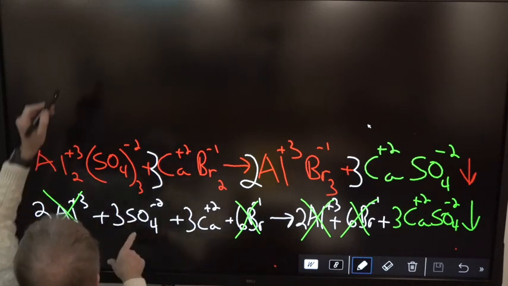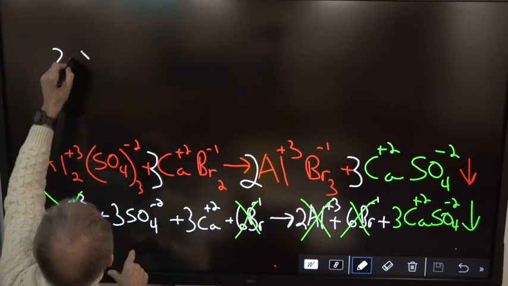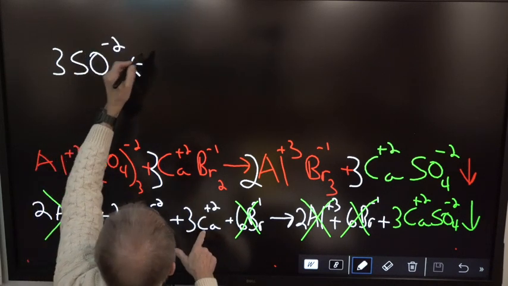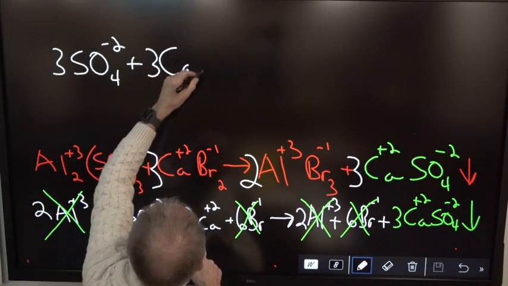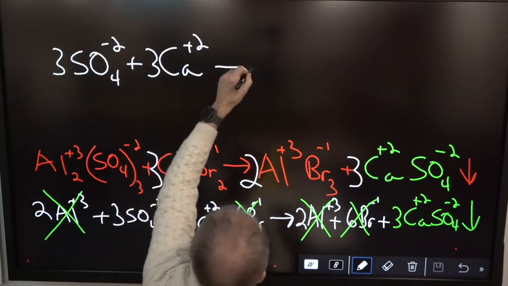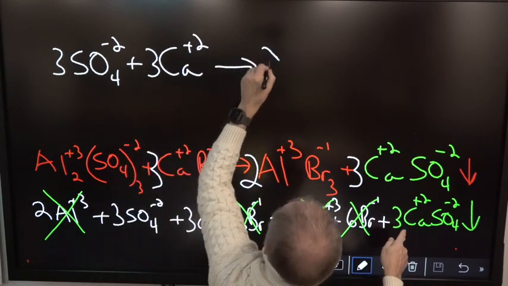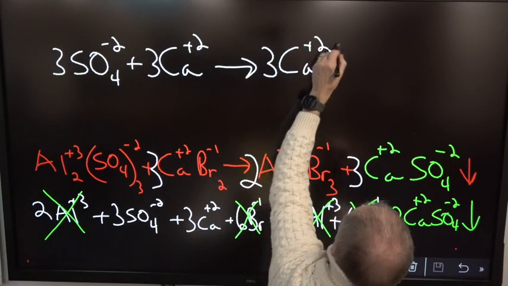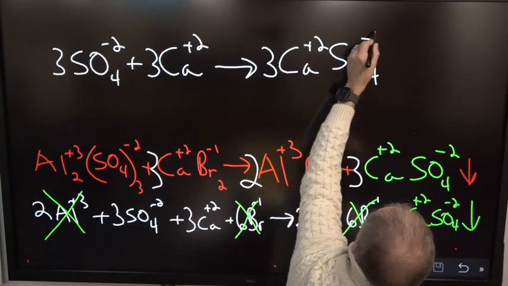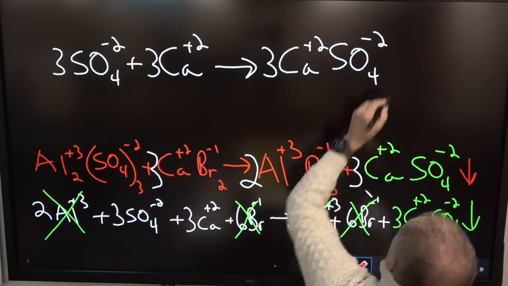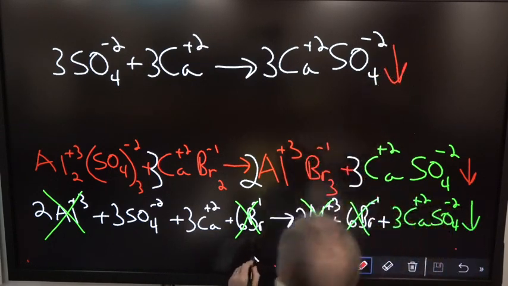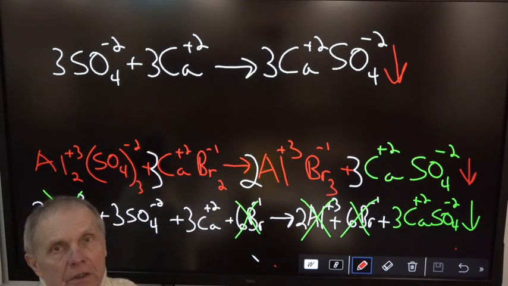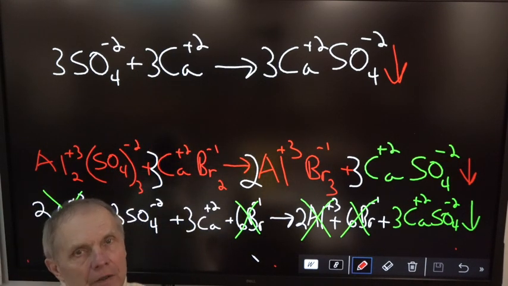So I have 3SO4 minus 2 plus 3Ca plus 2 yields 3Ca plus 2 SO4 minus 2, arrow down. And that is the true reaction, all right, minus the spectator ions.